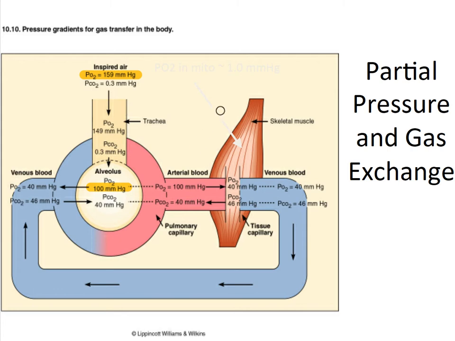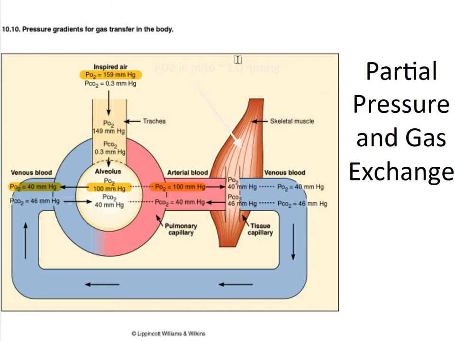And what's the partial pressure difference then going from the lung into the blood coming into the lungs? Well, at resting conditions, the blood coming into the lungs is about 40 millimeters of mercury, so this difference will be 100 minus 40, or 60. Another good number to remember is that arterial blood is about 100.